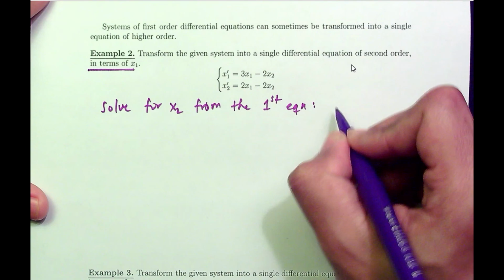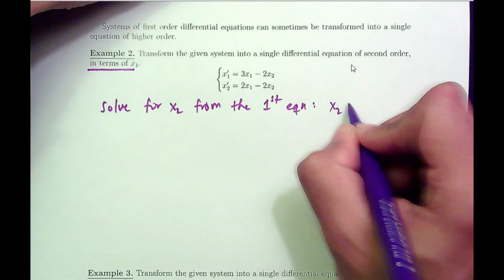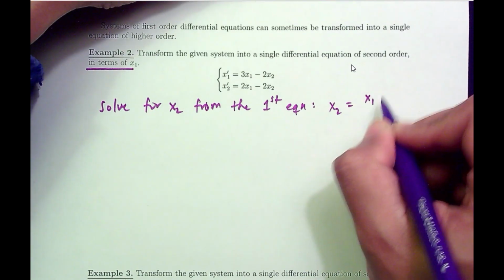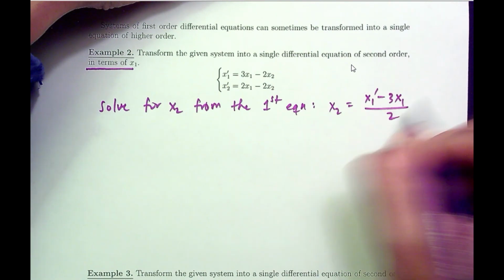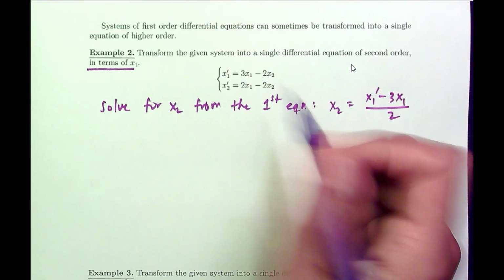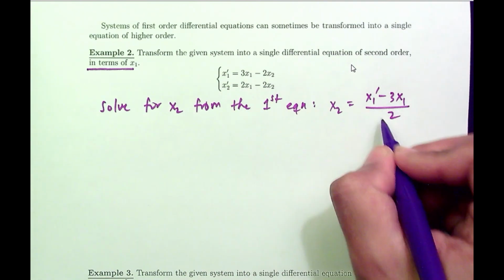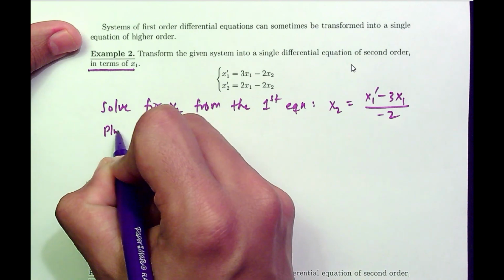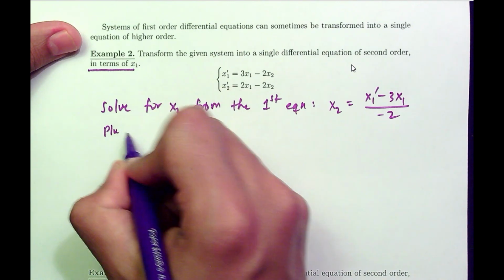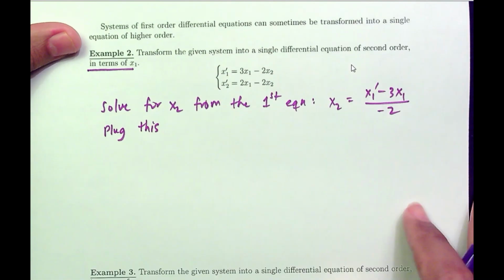So if you do that, you're going to get that x2 equals x1 prime minus 3x1 over -2. Oh, I forgot the negative. Move that to the left and divide by -2. And that's what you get. And then you're going to plug this into the next equation. And that's basically it. You need to do a little bit of algebra to simplify things.